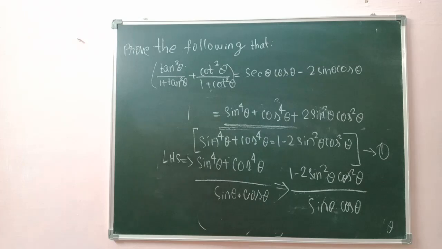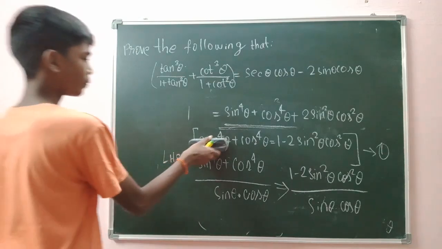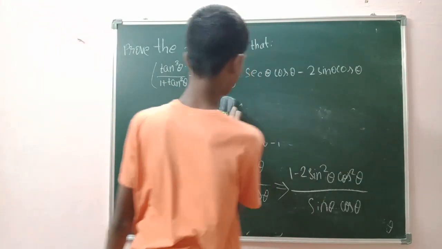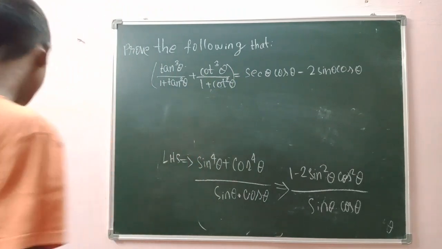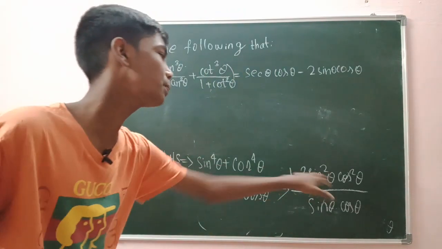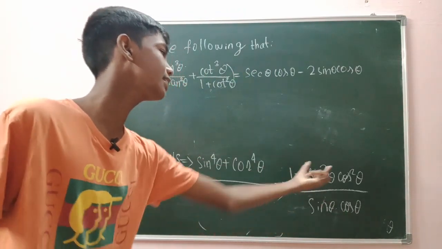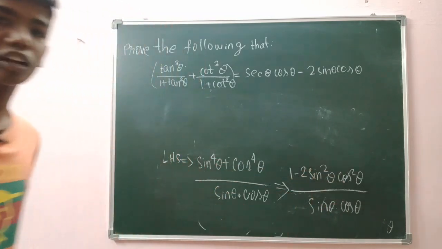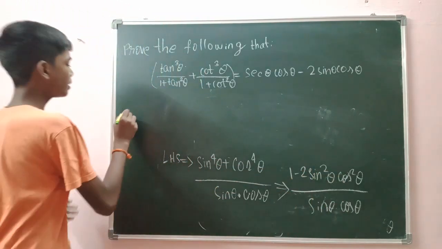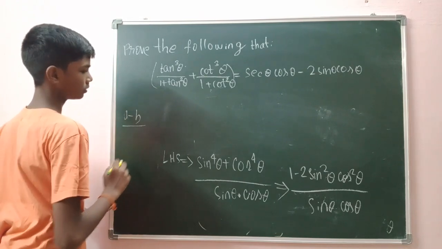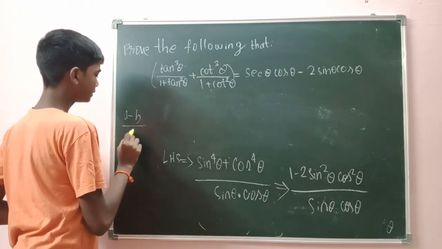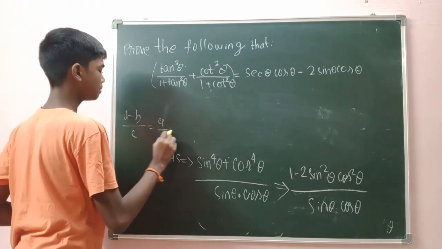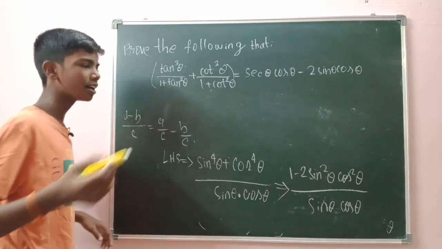So now what you can do is just simple, just split it out: 1 by sin theta cos theta minus this expression by sin theta cos theta. Splitting up (a minus b) by c, I can write as a by c minus b by c. You guys know now, very simple.